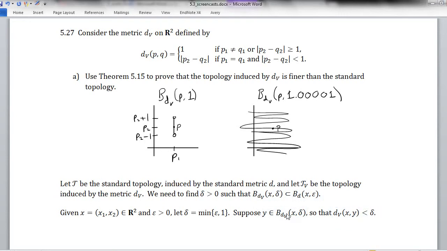Well, since we have chosen delta to be less than or equal to 1, the distance is actually less than 1. So it's the second case here. In particular, the distance from x to y is given by this formula right here.